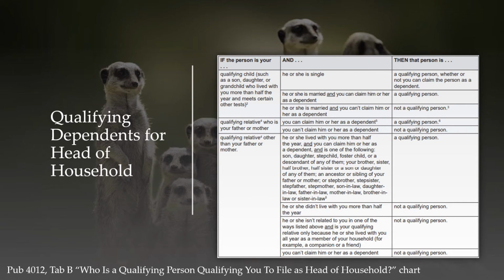It could be a sibling, a half sibling. It could be a step parent, or it could be an ancestor of parents, so a grandparent. So if they have that special relationship, then they would be a qualifying person.